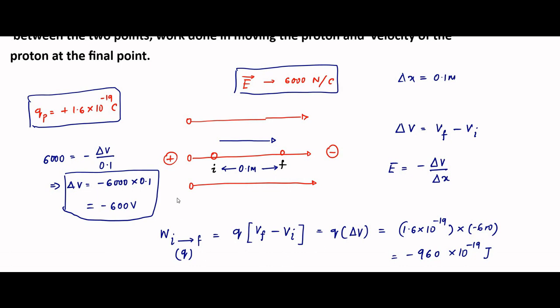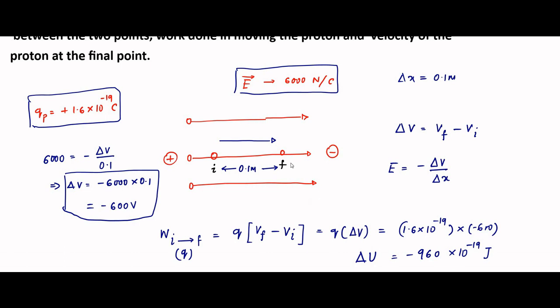So what this negative sign in potential difference indicates is that the final point is at a lower potential than the initial point, and this work done, which is also basically called a change in potential energy, means that the final point is at a lower potential energy than the initial point.